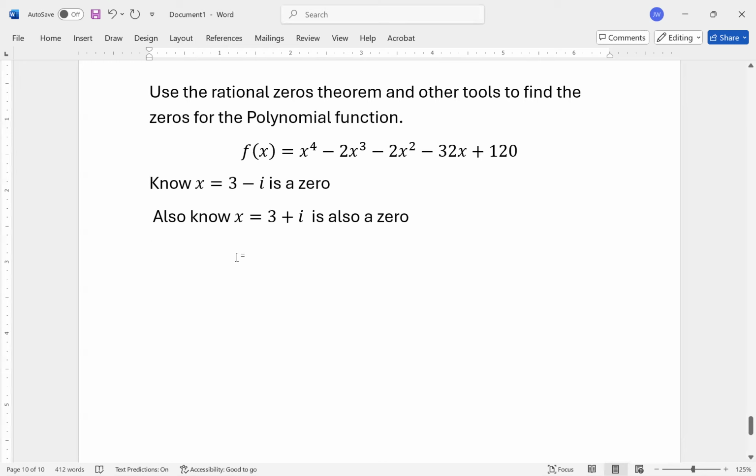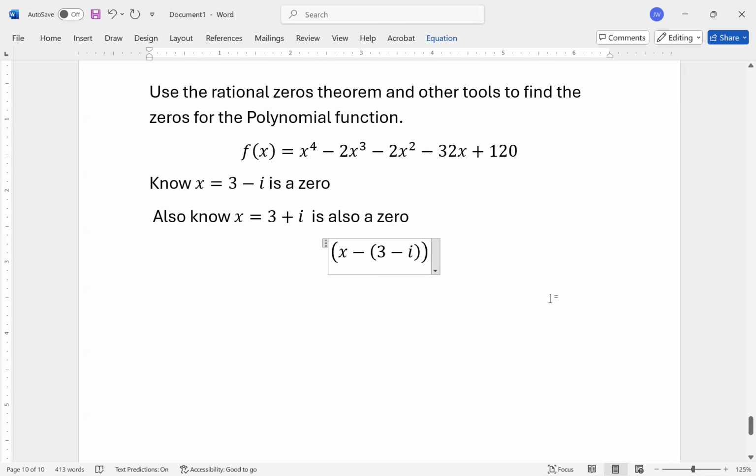Okay. Now you can do a couple of things. If you wanted to, you could take x minus 3 minus i as a factor, and we could divide with complex numbers, divide by 3 minus i. You could do that using synthetic division if you'd like. So we could divide using synthetic division with complex numbers.